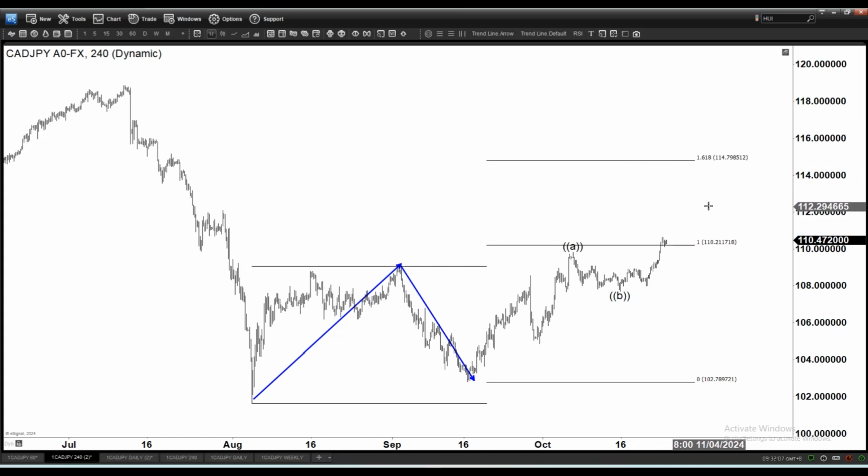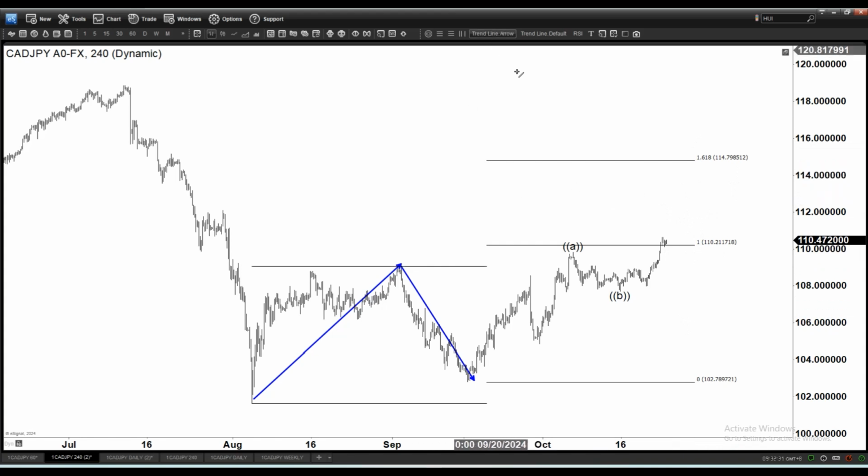But we do know, timing wise, we are in the time zone where we are just waiting for the pair to turn lower. And from the level perspective, we are also already within the level, which is this level, where we are waiting for a reversal lower, right?